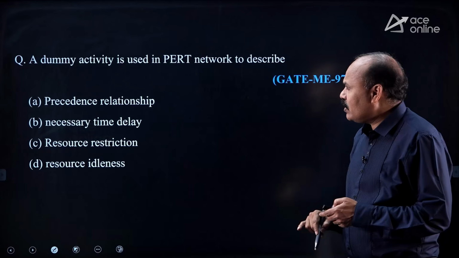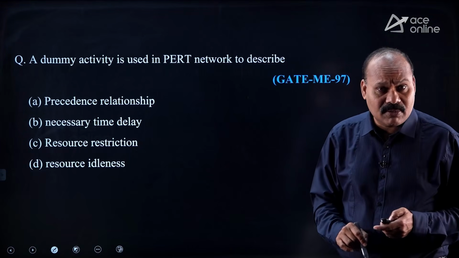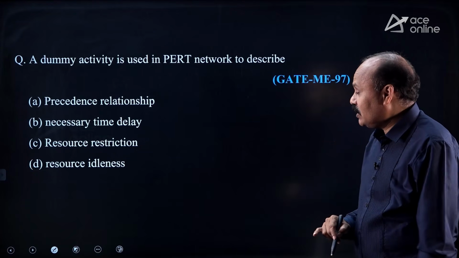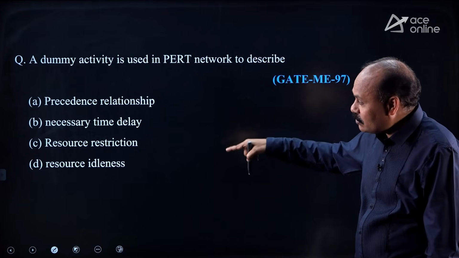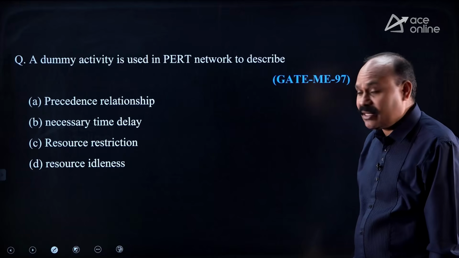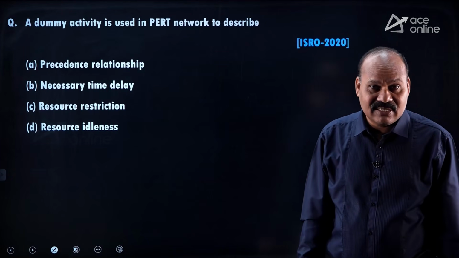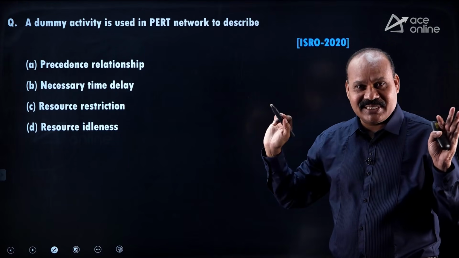This question is from the GATE 97 paper, a very old paper, with options: precedence relationship, necessary time delay, resource restriction and resource idleness. This question is also from ISRO 2020. So first of all, previous question paper as it is.